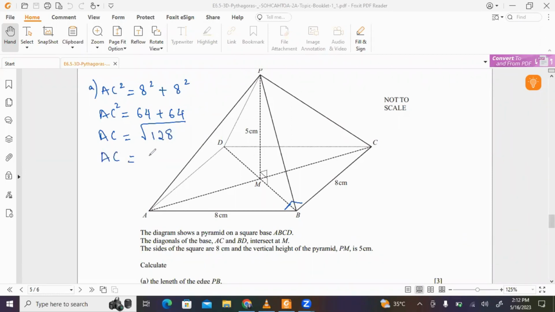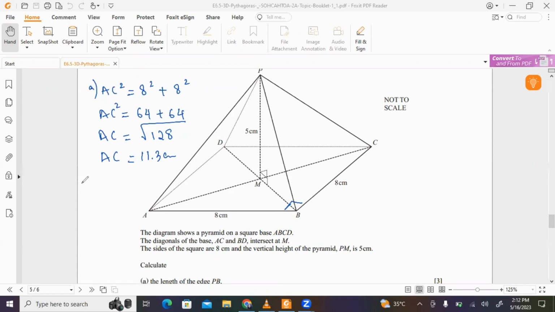And that equals 11.3. Now we divide 11.3 by 2 to get the value of either AM, MC, MB, or DM, because they're all going to be the same.